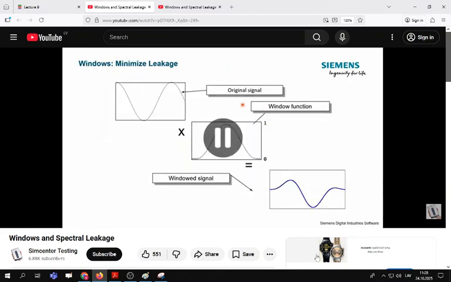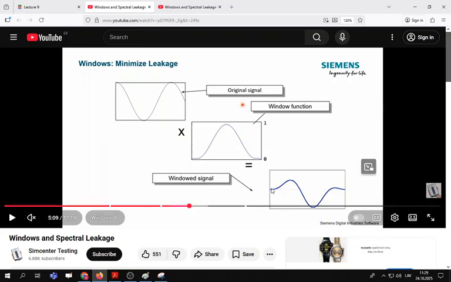So what exactly that is, you can see here. Up there is your signal fragment, which does have this problem we discussed. Then we use a window function which has 0 at the beginning and 0 at the end, and we multiply it with our signal fragment. So your signal fragment now will start at 0 and end at 0.